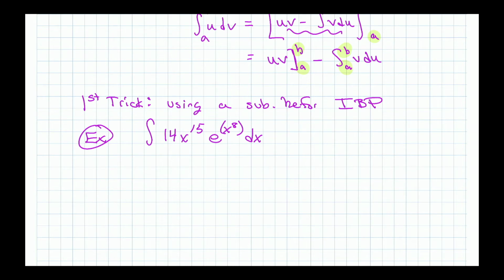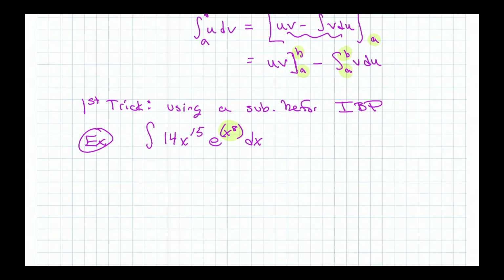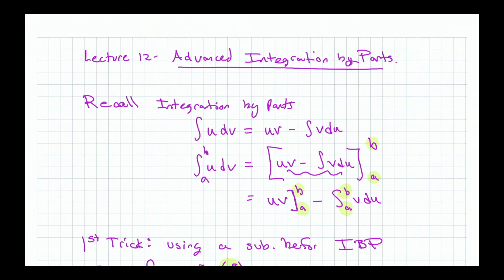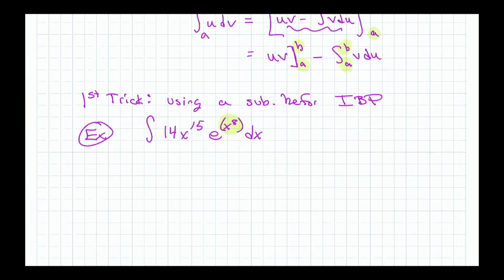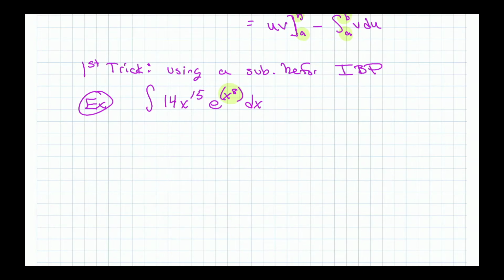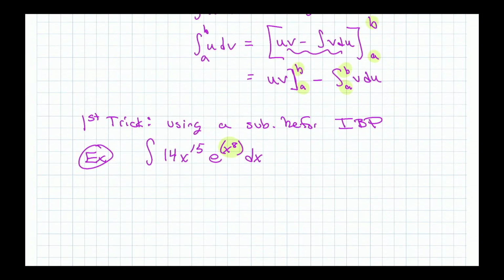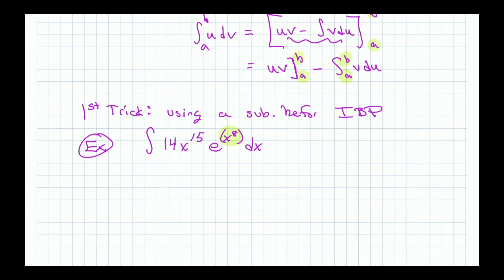It looks complicated anyway, so you might realize that it needs some kind of trick. And basically, here's the idea. If you take whatever's in the exponential and you do a u substitution. Now, I'm not actually going to do a u substitution because we're going to do integration by parts, and when we do integration by parts, we have u's and v's. So if I'm doing a substitution here, something that's smart to do is use a different letter than u. I'm going to use Z. I'm going to do a z substitution.